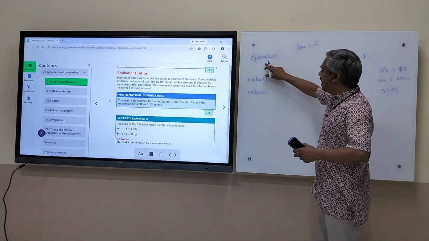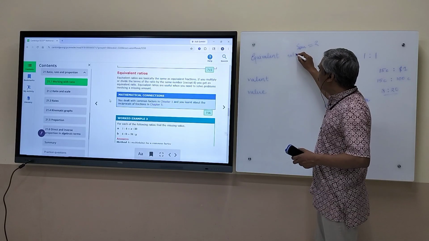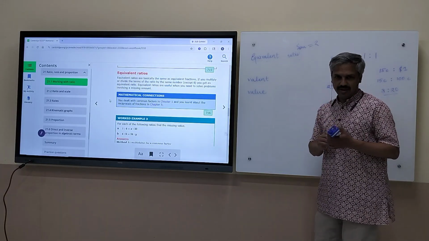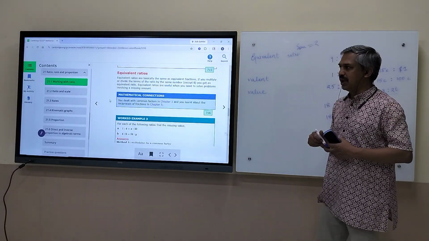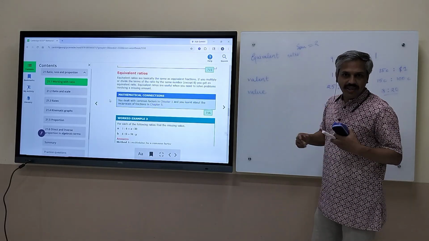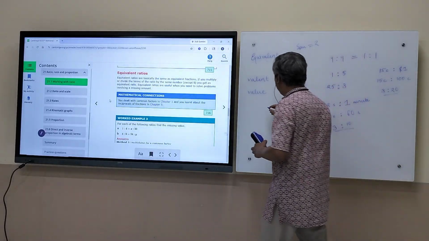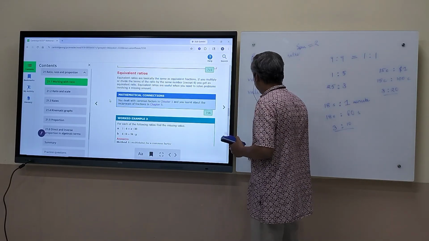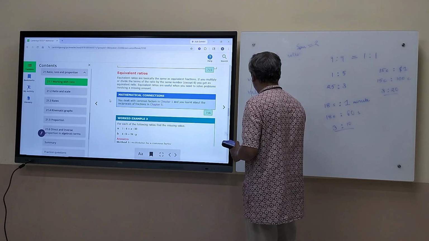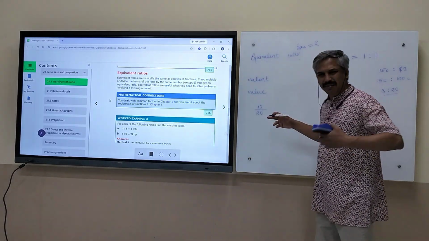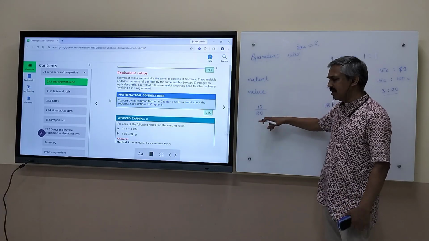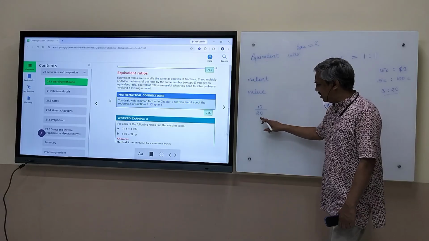If the ratios are equivalent, then their values are going to be equal. Two ratios are called equivalent if their values are equal. How can that be? Supposedly somebody's age is 10 and his older cousin's age is 20.